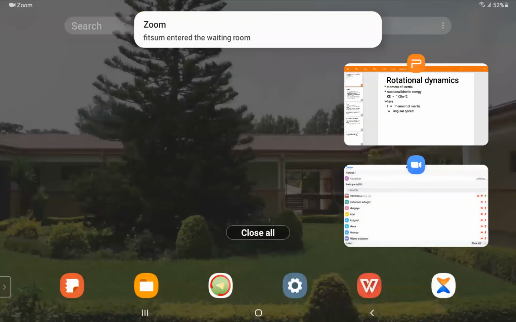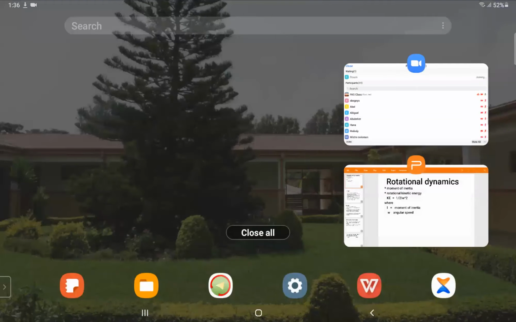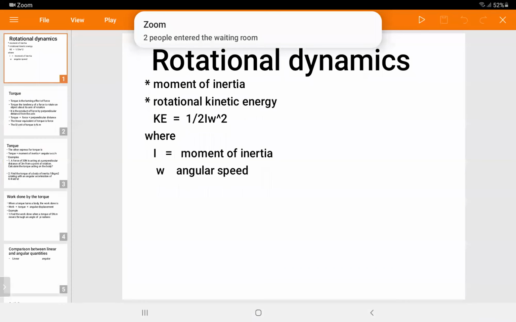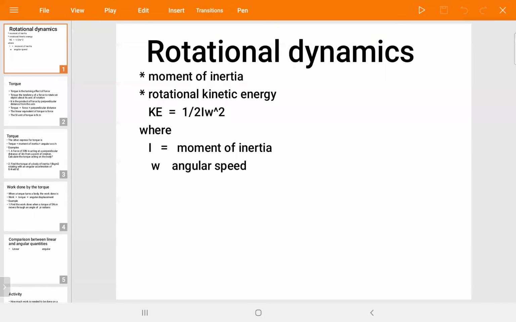So it depends on the size of an object, and of course the rotational axis on which the object is rotating, and third the amount of mass of an object.